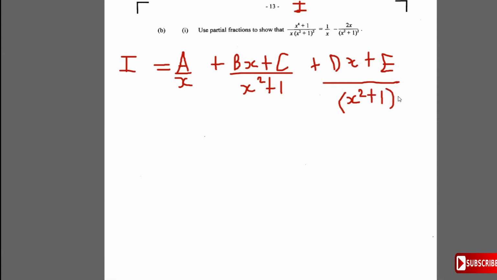So this is I. All right. So now, of course, we're going to have to find the common LCM, which is x times (x squared plus 1) all squared.